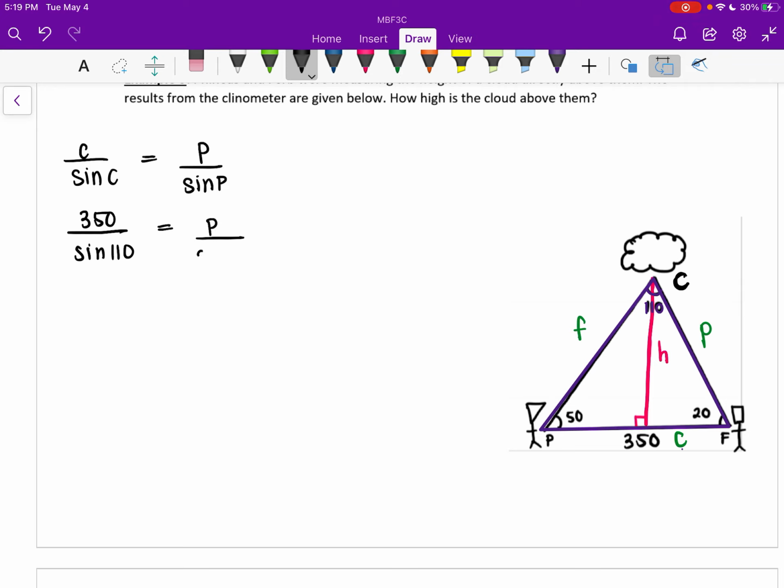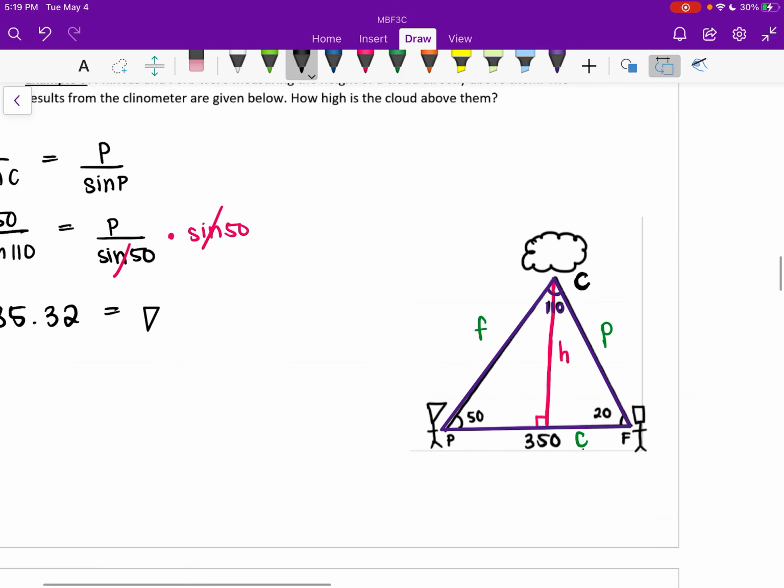And sine angle P is equal to 50. Now, in order to get this by itself, I'm just going to multiply both sides by sine 50. This cancels out. So I'm left with 350 divided by sine 110, multiplied by sine 50, is going to give me 285.32. So I'm just going to leave it as 285.32 is equal to side P.